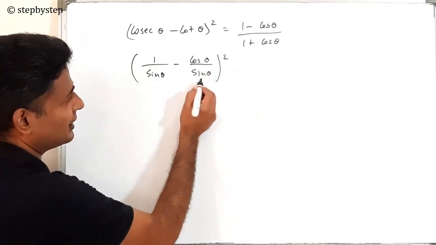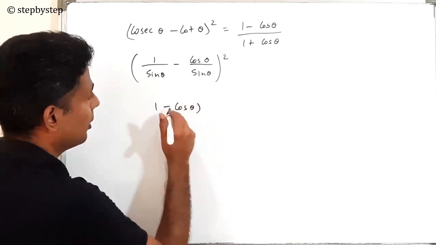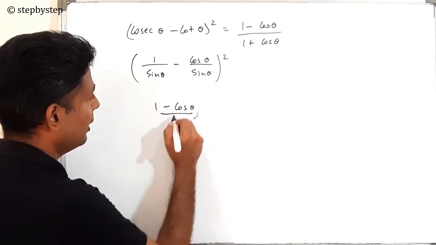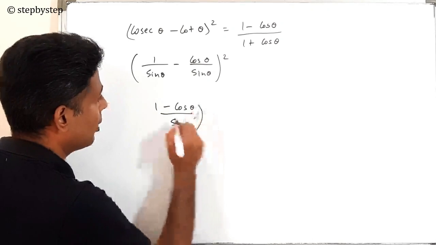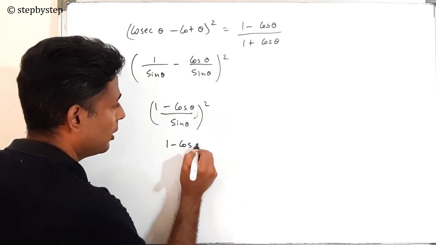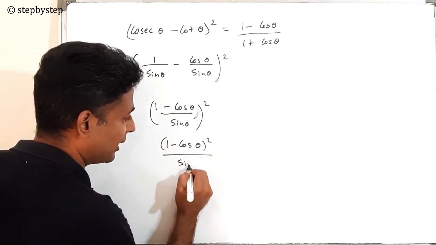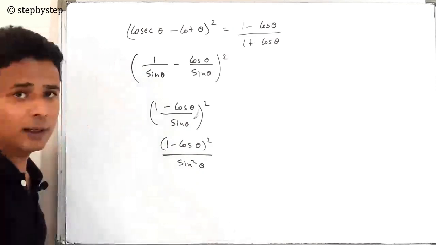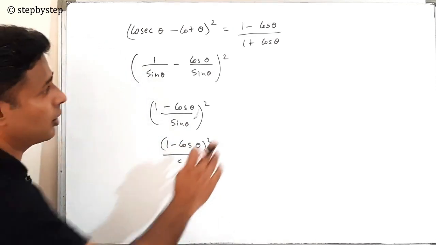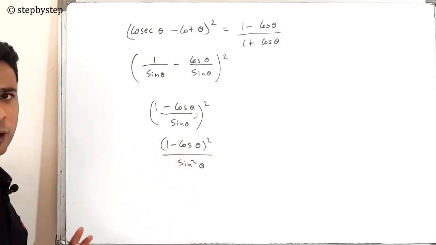Now LCM is sin itself, so I get (1 minus cos theta) by sin theta whole square. Now getting the square outside, I get (1 minus cos theta) whole square by sin square theta. Now don't open this bracket because we need 1 minus cos theta, right? So don't open it, let it be there for now.